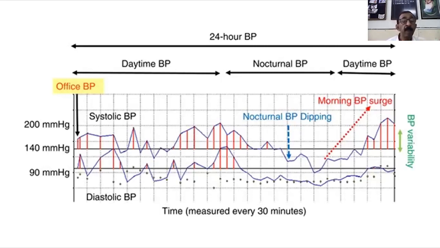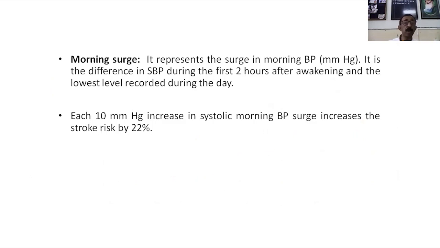Now, this slide shows us the 24-hour BP variability. The blue color shows us the nocturnal BP dipping, and on the extreme right, the red color shows us the morning BP surge. What is this morning BP surge? It represents the surge in the morning blood pressure.